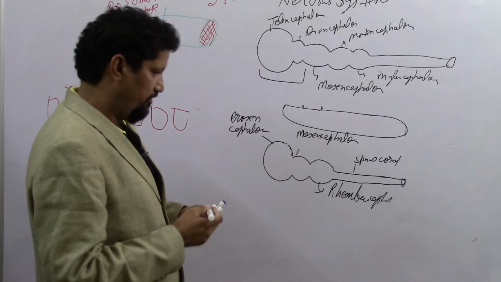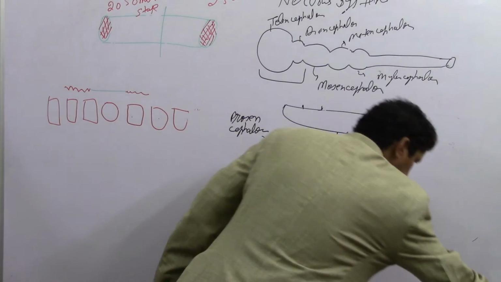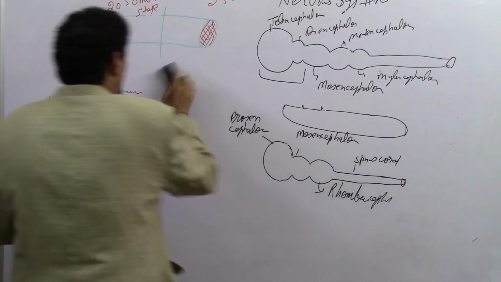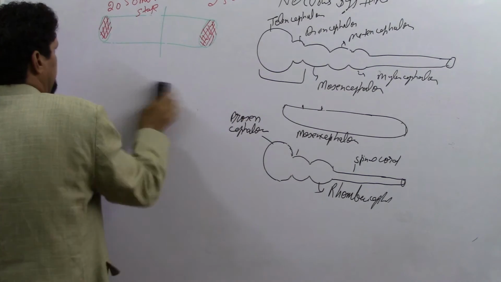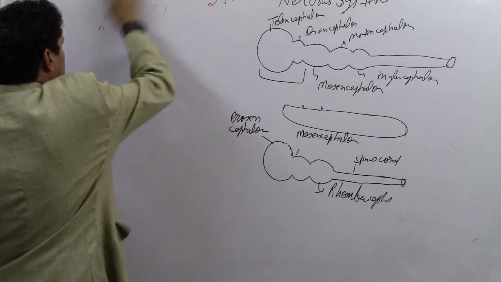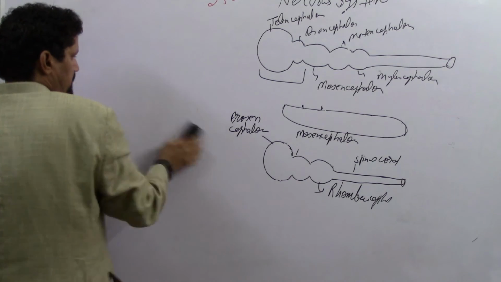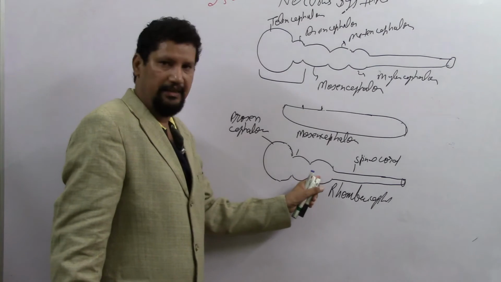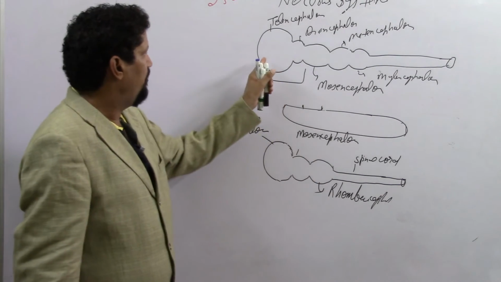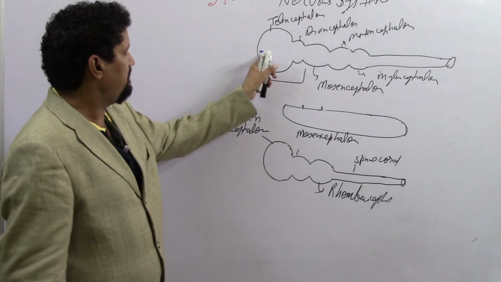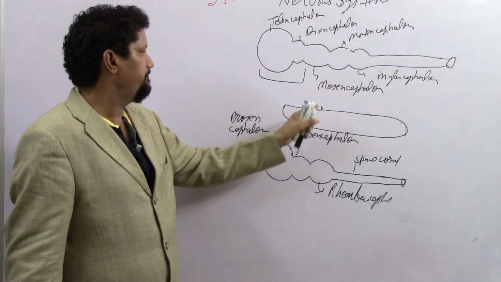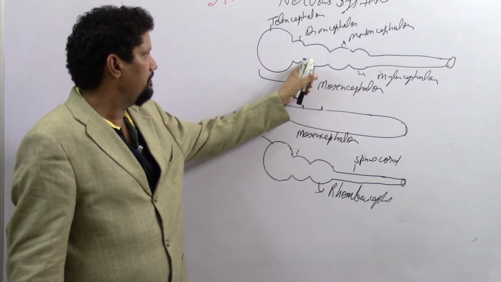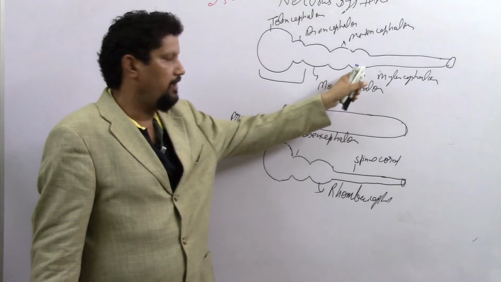So this is the developmental part of the CNS. Now what happens? The 3 primary vesicles, prosencephalon, mesencephalon, and rhombencephalon, will form 5 secondary vesicles: telencephalon, diencephalon, mesencephalon, metencephalon, and myelencephalon.